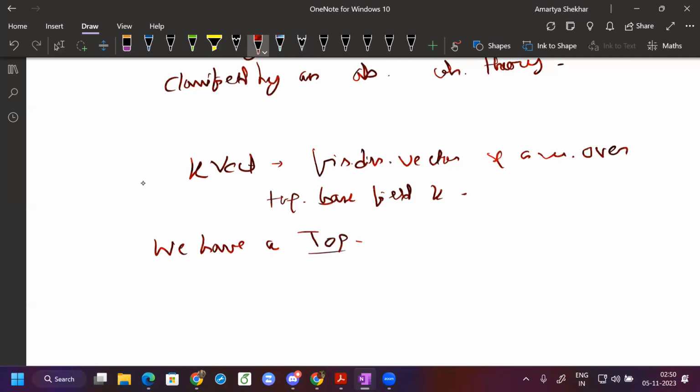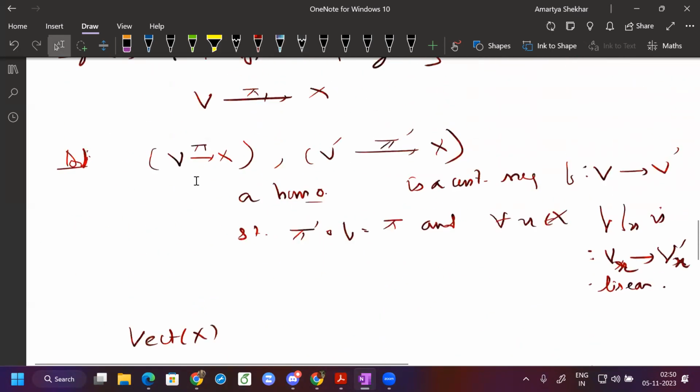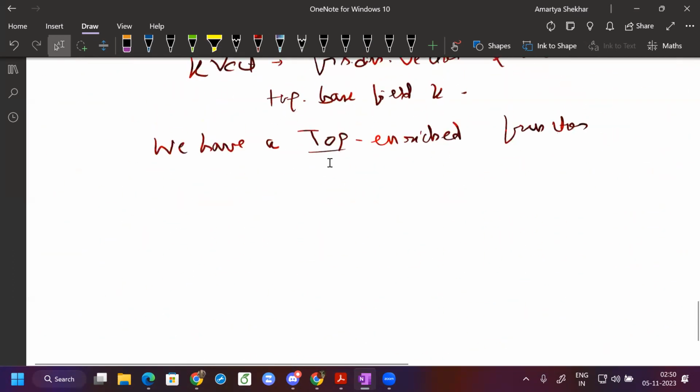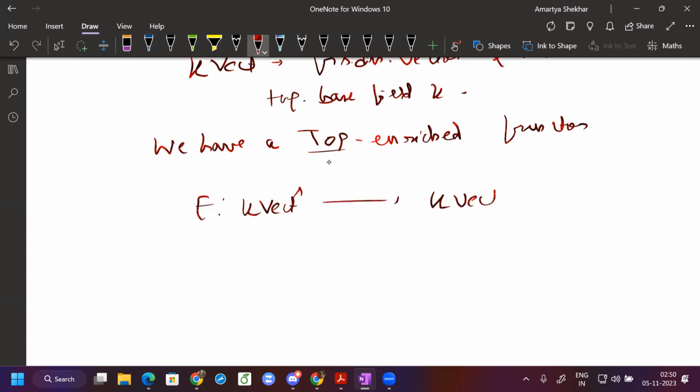Top is my category of topological spaces. This is a very general way, and we'll see how we get the Whitney sum, for instance. We have a Top-enriched functor, let me call this F, from the n-fold product category of K-Vect to K-Vect.